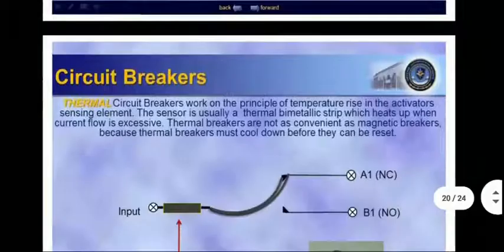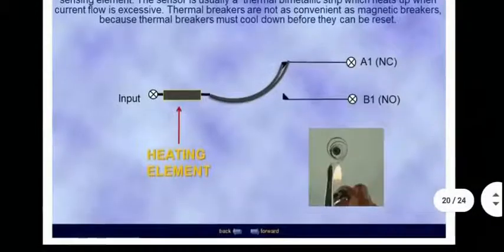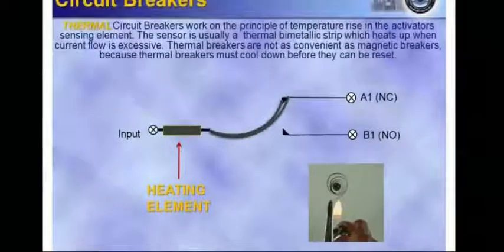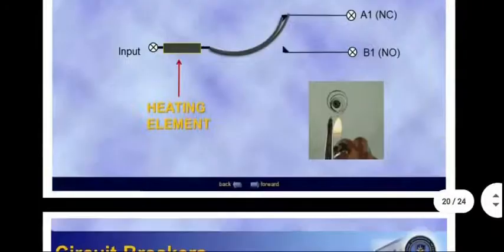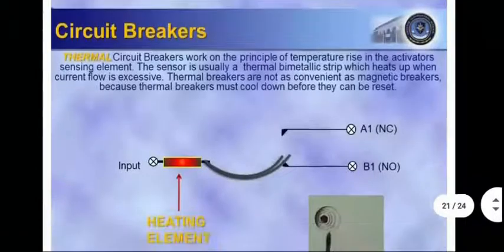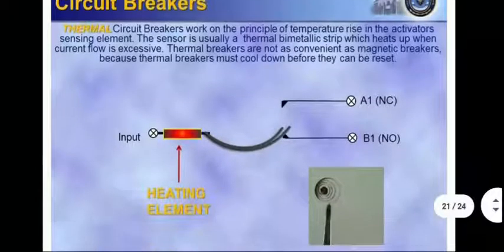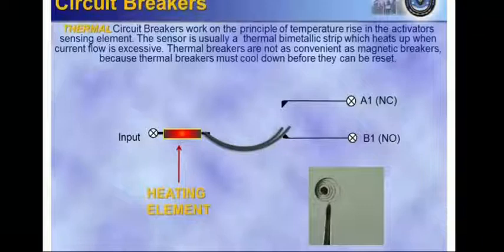More detail on circuit breaker. These also can be normally connected or normally open type. Circuit breakers normally work on the principle of sensing the temperature. If temperature goes beyond a certain value, the circuit is broken.